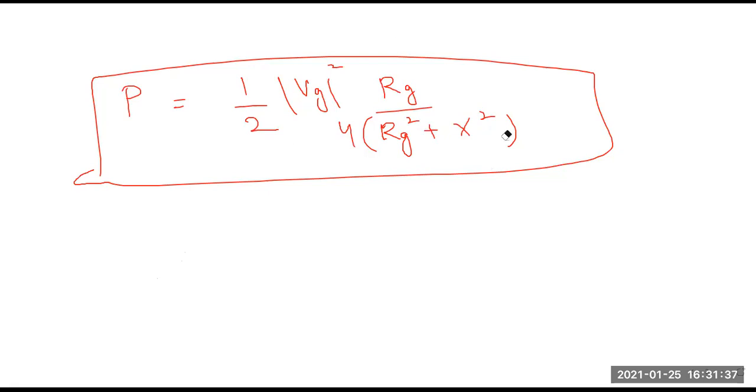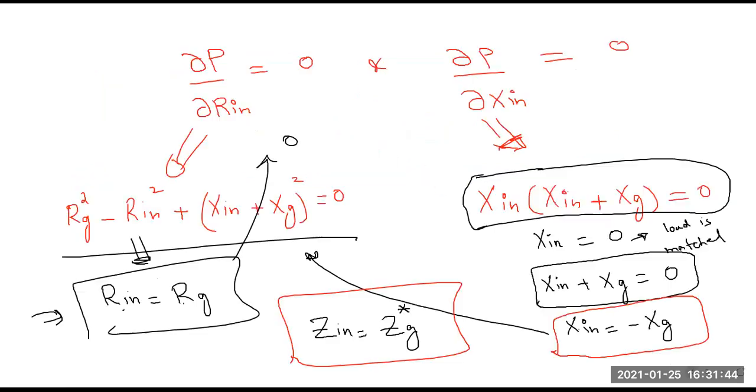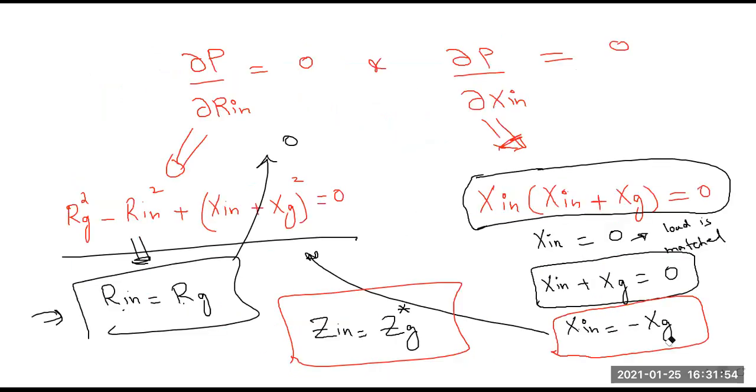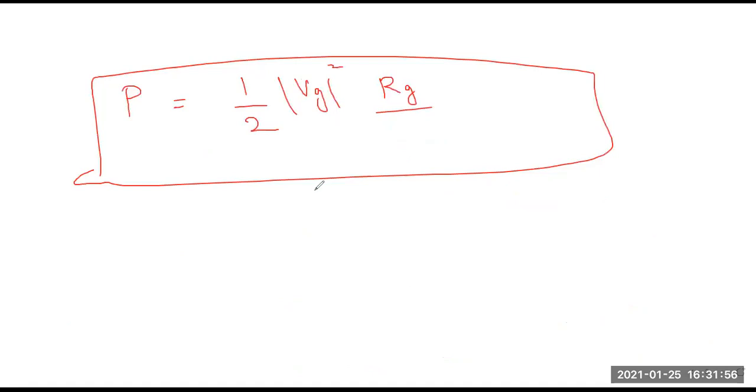Xg to cancel out होगा. Let me go back. What is the condition? Rn is equal to Rg and Xn is equal to minus Xg. So sorry, मैंने इसको गलत कर दिया. Cancel out हो जाएगा. So let me write the correct result. It will be simply 1 divided by 4 Rg.